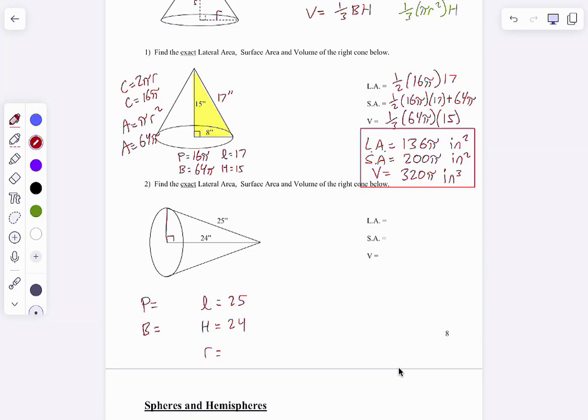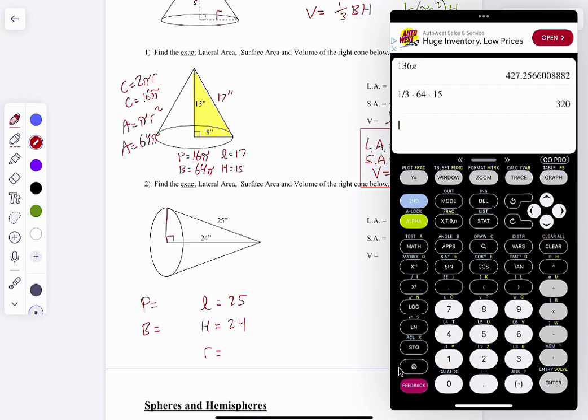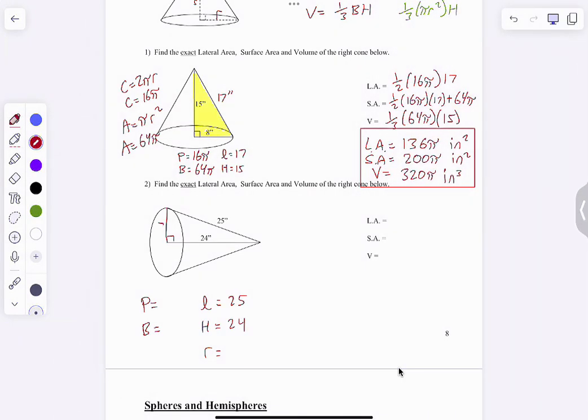And for Pythagorean theorem, you got to make sure that you know that on the first one, that's the A and the B. So in the first one, I would have done 8 squared plus 15 squared, and then did the square root and got 17. But on this one, the 25 is the C, so it would have been more like 25 squared minus 24 squared. We've certainly been doing a lot of Pythagorean theorem this year.